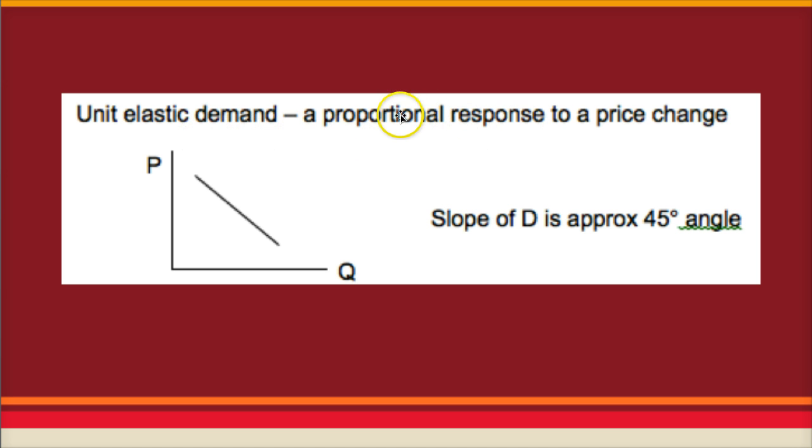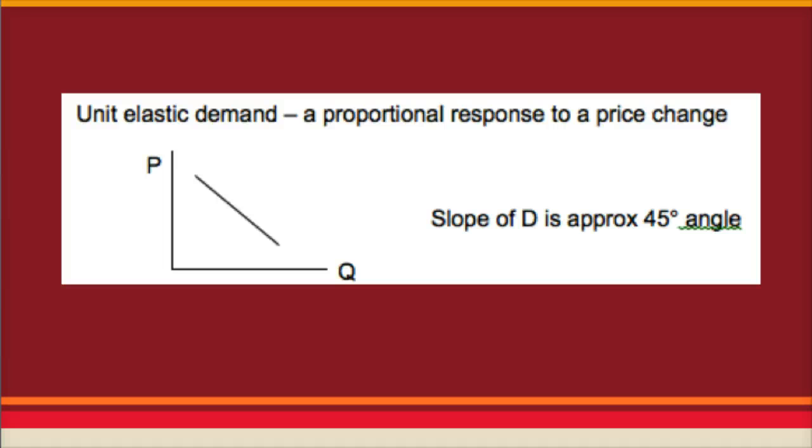And that's when there's a proportional response to a change in price. So it's more of a 45-degree angle. Let's say we're starting at this quantity and that price, the next price up here brings this quantity, the next price up here brings that quantity. So it's a bit more uniform. That is what we talk about as unit elastic demand.